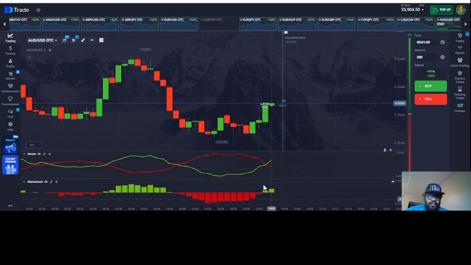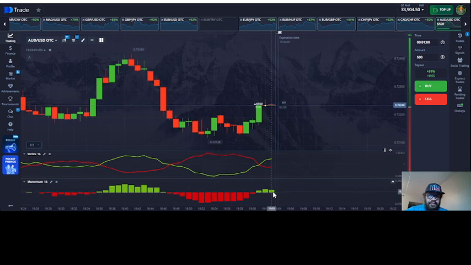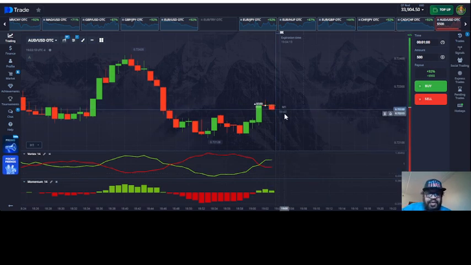And then third, the momentum indicator has begun to print green candles above the zero line. So these three confluences suggest a bullish push to the upside in the price of the currency pair. So let's monitor this trade and wait for the expiration.